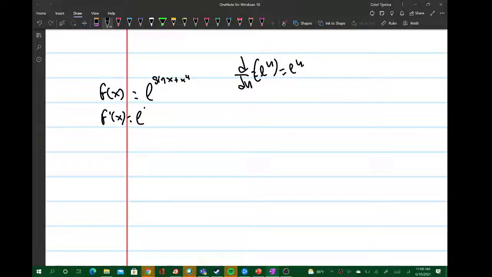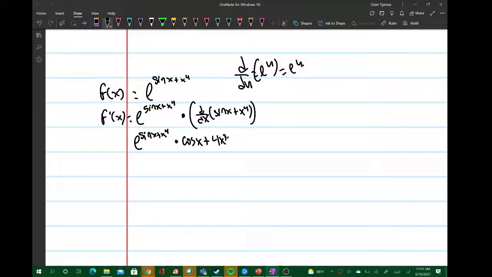So it's going to be e to the sine of x plus x to the fourth, and then times the derivative of sine of x plus x to the fourth. So then we have e to the sine of x plus x to the fourth, and then times the cosine of x plus 4x cubed.